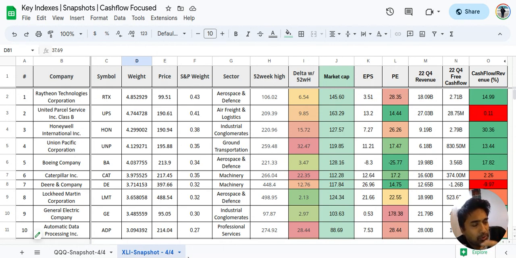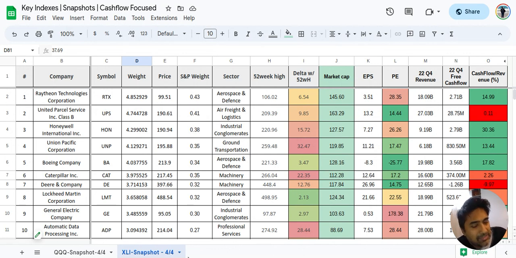XLI has a bunch of companies with high cash flow, but less than 50% of them have a cash flow of 10% or higher as a percentage of revenue, whereas QQQ has around 75% where the cash flow is 15% or higher, right? So clearly QQQ has more positive cash flow.